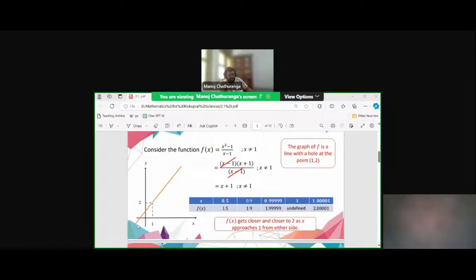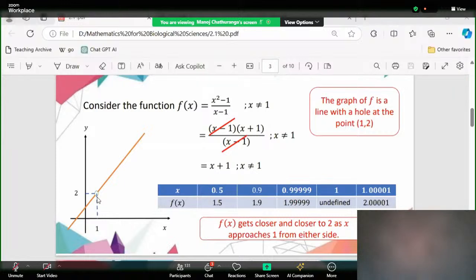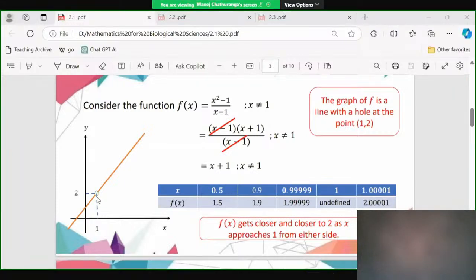And also for x values below 1, we are climbing up on the line and reaching the point 1, 2. So x is not equal to 1, but still we can talk about what happens as x gets closer and closer to 1. In that case, from either side we are approaching the point 1, 2.